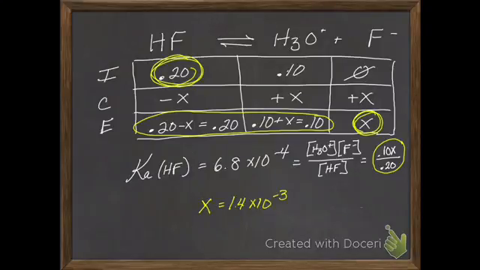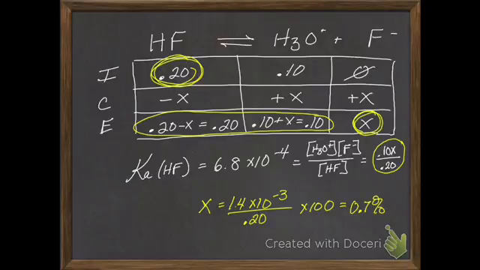When I solve for x, I get 1.4 times 10 to the negative 3. Now I'm going to take that value, put the original concentration of 0.20 on the bottom, and multiply by 100. This will tell me what percent that value is of the original concentration.